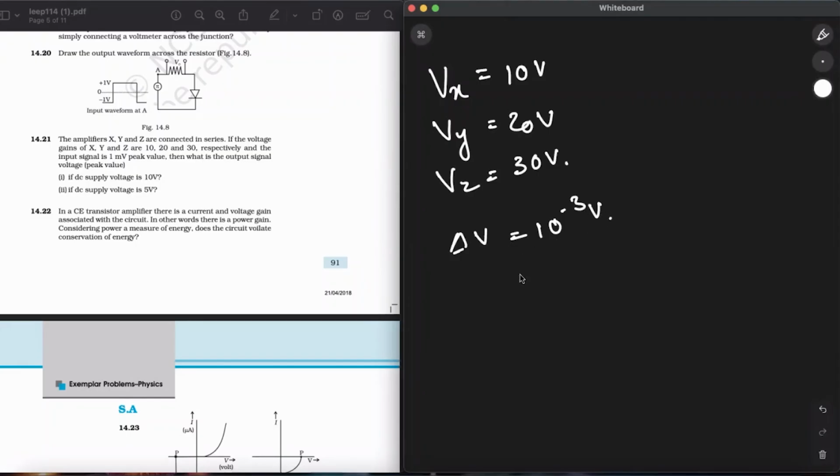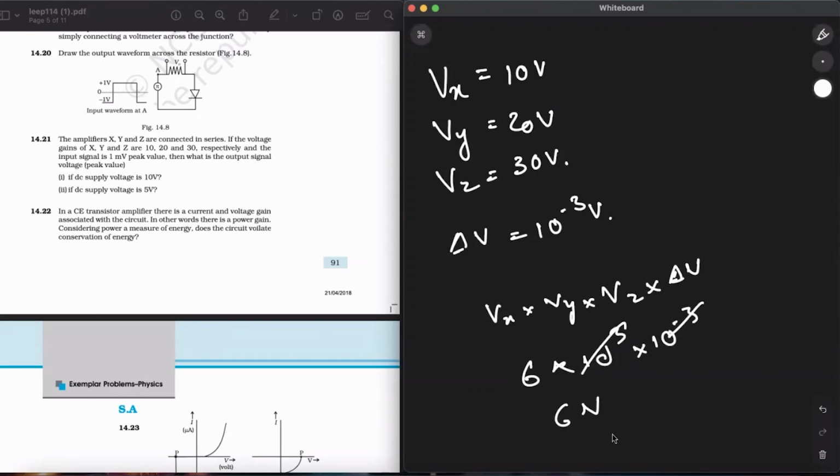Total voltage amplification will be Vx into Vy into Vz into delta V. So multiplying all these together, it will be 6 into 10 to the power of 3 into 10 to the power of minus 3. So it will be 6 volts. Alright, this is the total voltage amplification.